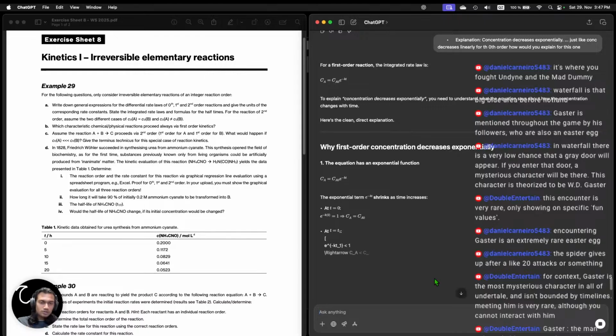I think I'll finish all this. For a first order reaction, the integrated rate law is the equation as an exponential function.